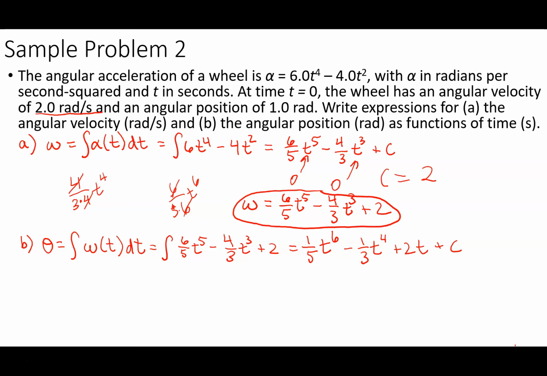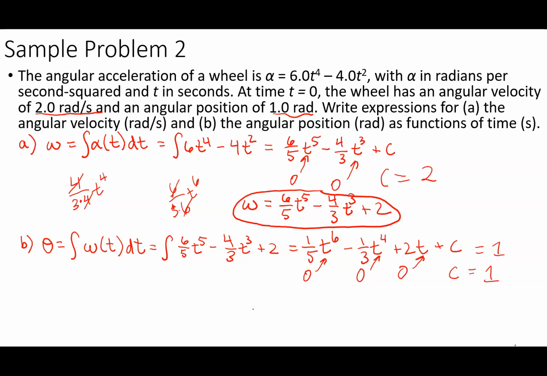And it tells us that at t equals 0, it has an angular position of 1 radian. So if we set t equals 0, then our theta is going to equal 1. So in this case, c is going to equal 1.